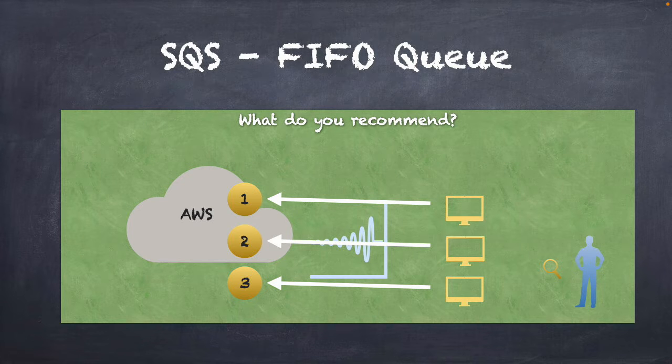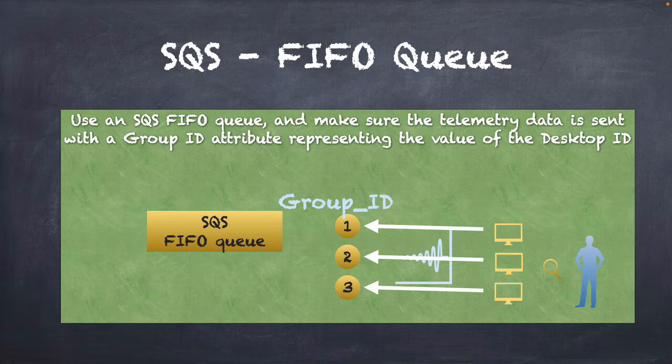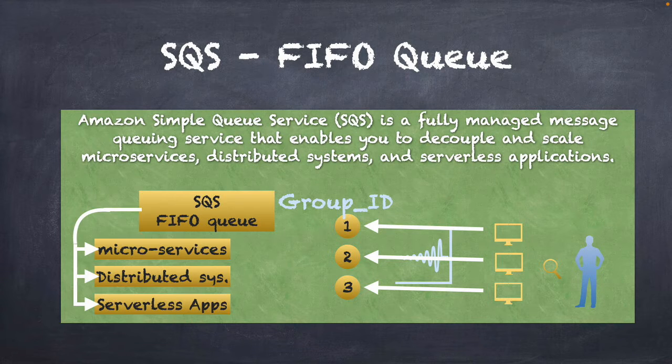So what do you recommend? Of course, we recommend the SQS FIFO queue, and we make sure that the telemetry data is sent with a group ID attribute representing the value of the desktop ID.